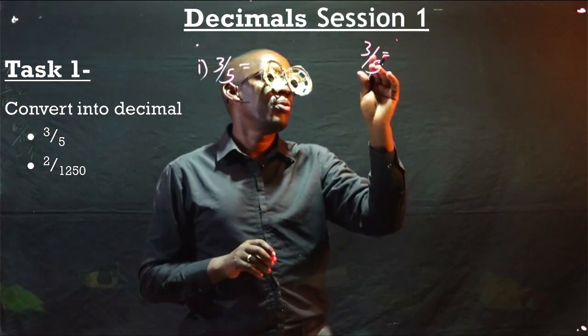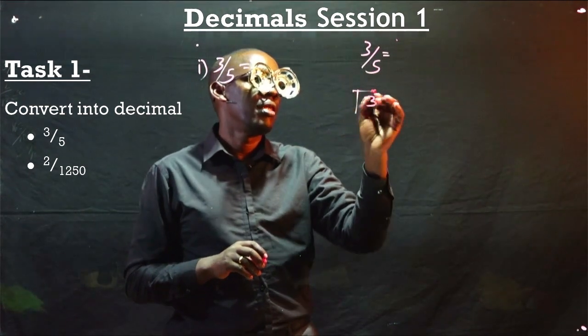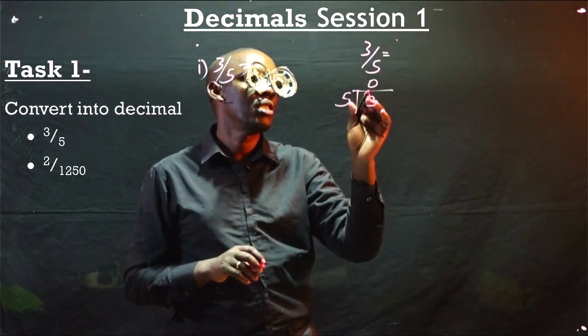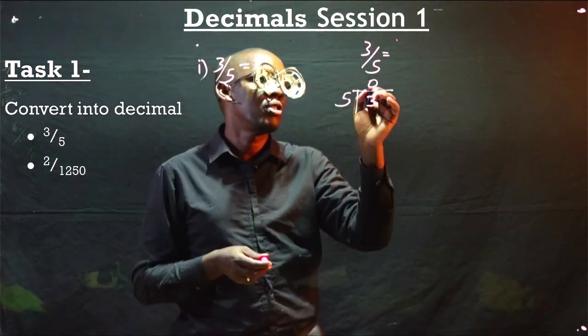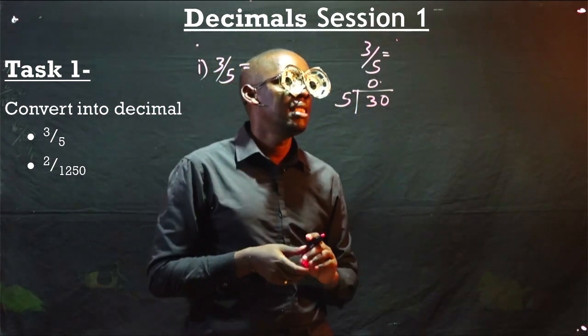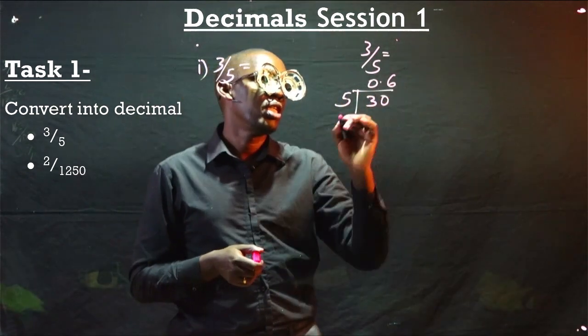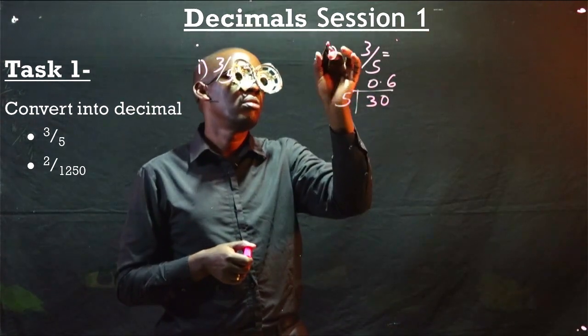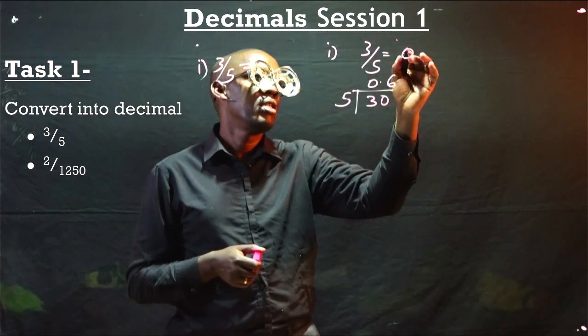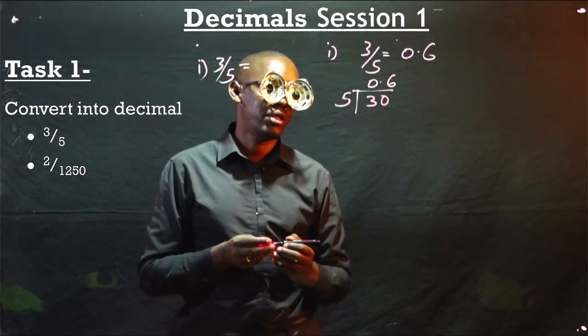To make it a decimal, we take 3 and divide by 5. So 0 point, because 3 is not divisible by 5, put a 0 there. Then add a 0. 30 divided by 5 is 6. So therefore, 3 divided by 5 is 0.6.